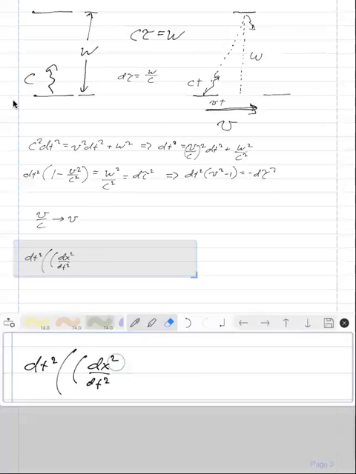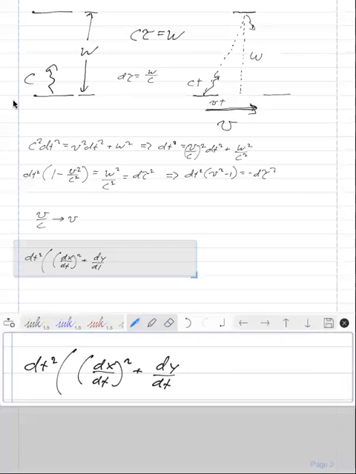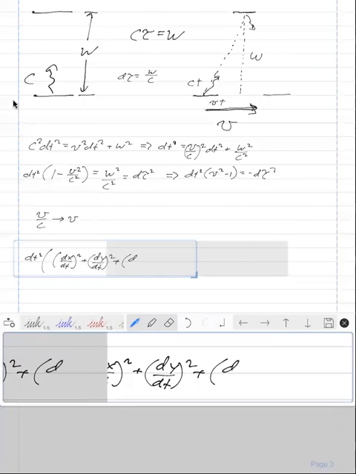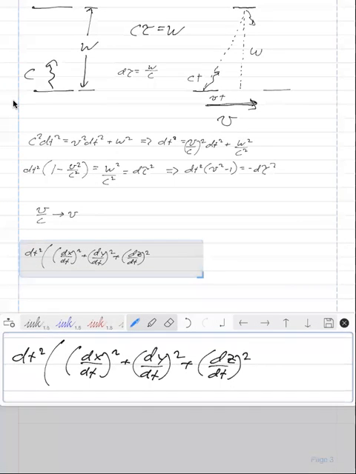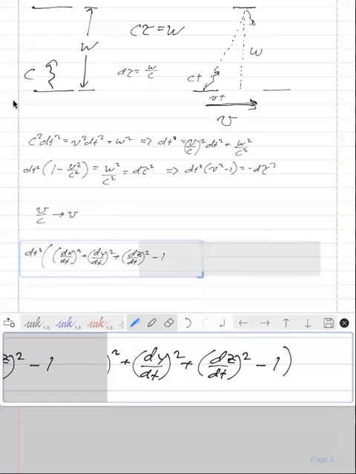Let's rewrite this like this: (dx/dt) squared plus (dy/dt) squared plus (dz/dt) squared. That's the magnitude of the velocity, so in any direction. And then we have minus 1.